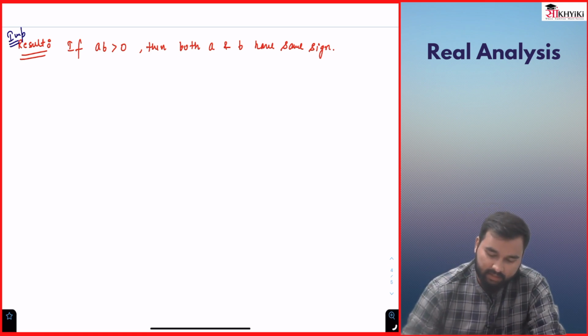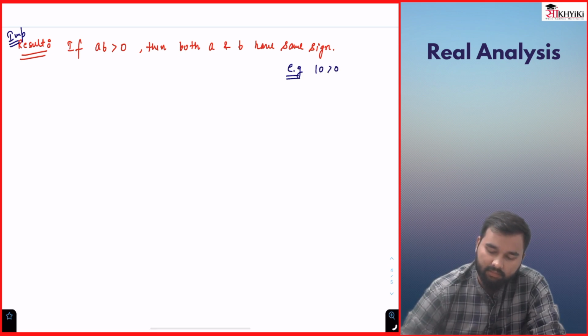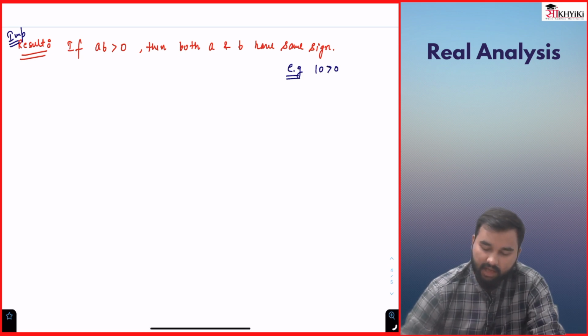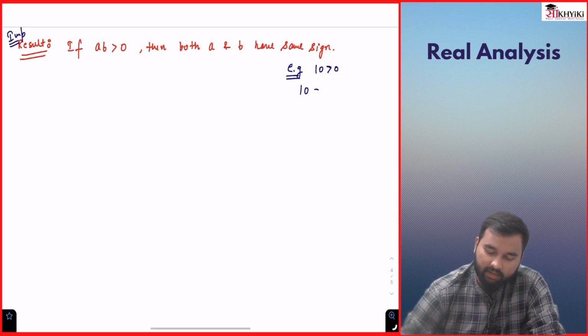Let's understand this with an example. Since we know that 10 is a positive real number, can I write 10 as a product of two real numbers? Yes. How can I write this? Either I can write 2 multiplied by 5, or I can write it as minus 2 multiplied by minus 5.